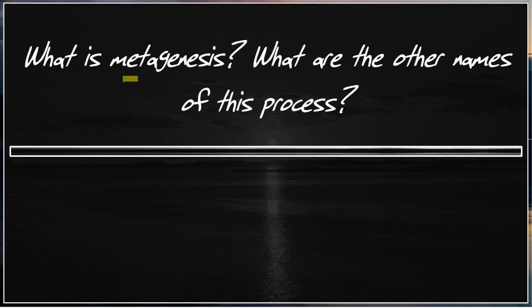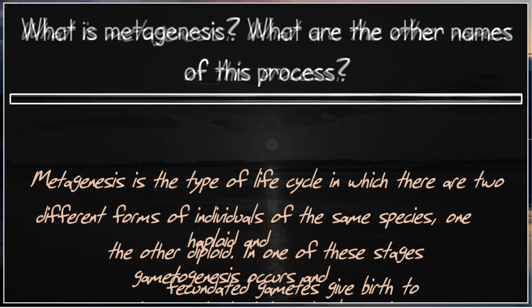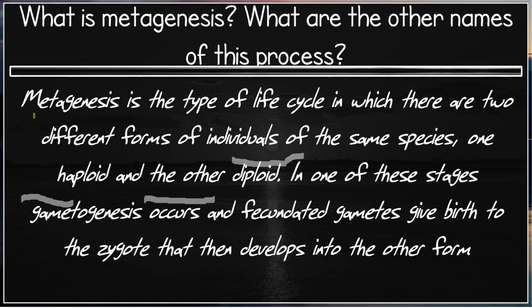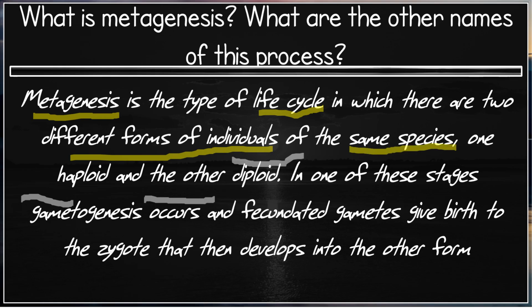What is metagenesis? What are the other names of this process? Metagenesis is the type of life cycle in which there are two different forms of individuals of the same species.